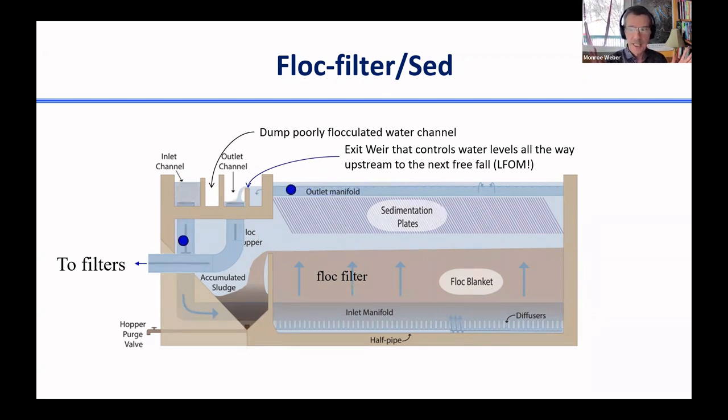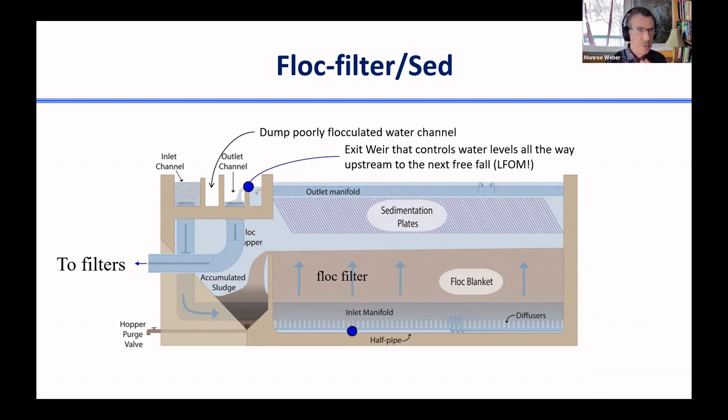The inlet manifold and the outlet manifolds are literally just pipes that have either diffusers connected to them, which are little 1-inch diameter PVC pipes, or little holes drilled in them, orifices where the water enters in the case of the outlet manifold. Another key thing to see in this drawing is there's this exit weir that's right before the outlet channel.